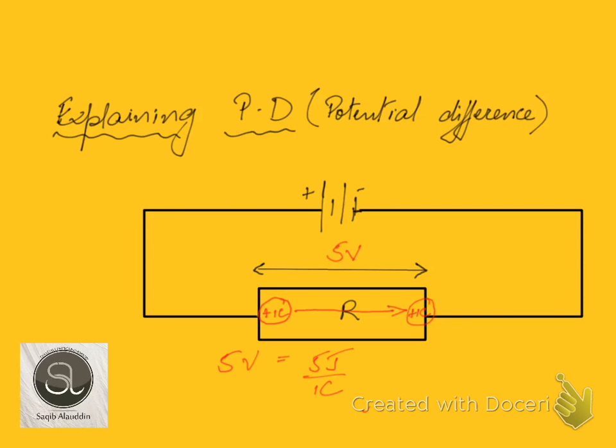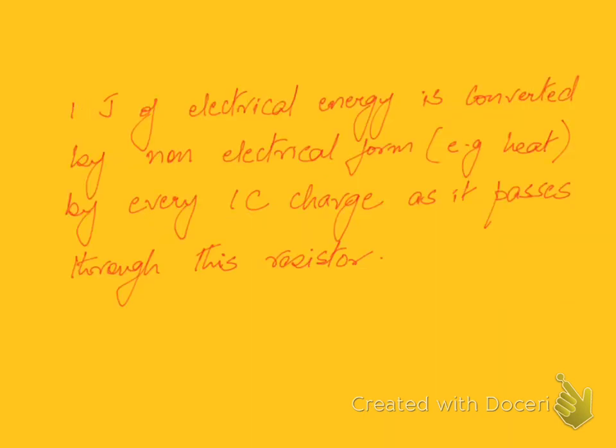And what is the amount of work done by every 1 coulomb charge when it passes through the resistor? It's 5 joules. So simply, 5 joules of electrical energy is converted to non-electrical form, for example heat, by every 1 coulomb charge as it passes through this resistor.